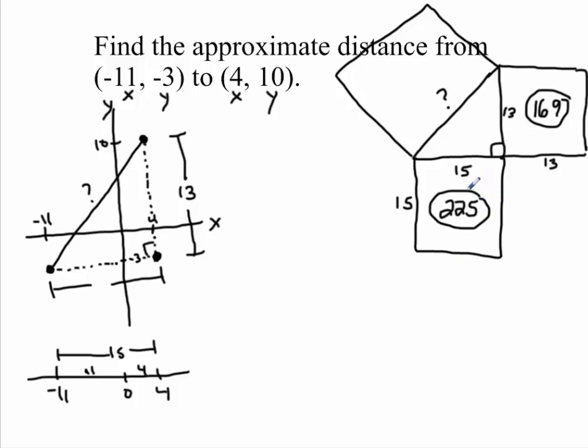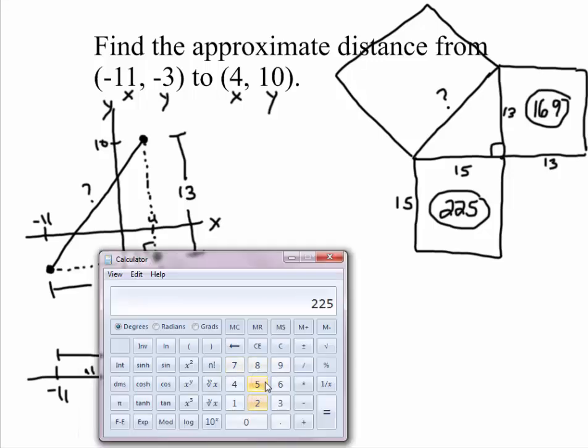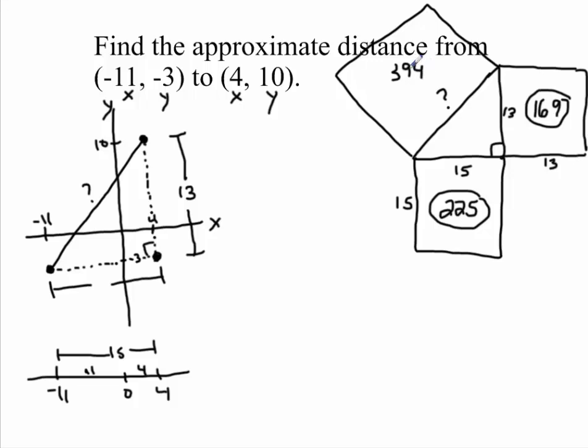And the Pythagorean theorem says if we take the squares of the legs and add them together, it'll give us the square of the hypotenuse. So now I'm just going to add those two together. 225 plus 169 equals 394. That's the area of that square. But we don't want the area of the square, we want the length of the side of this square. If I know the area of a square, I can take its square root, and that'll give me the length of the side.